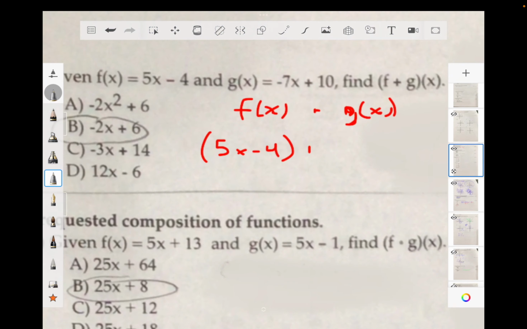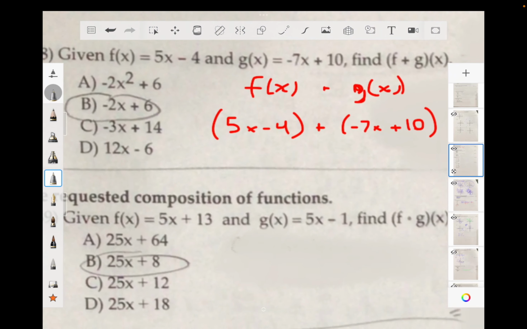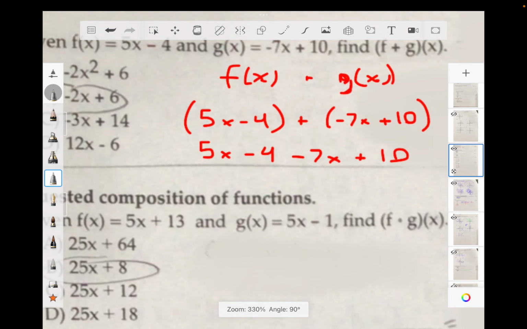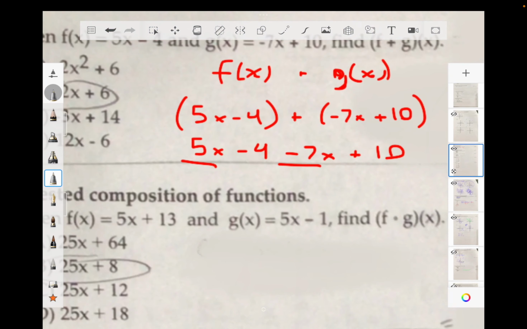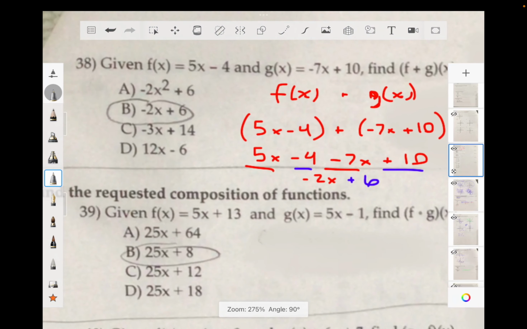So it's going to be 5x minus 4 minus 7x plus 10. 5x minus 7x is -2x. -4 plus 10 is plus 6. So this is our answer, which is this one.